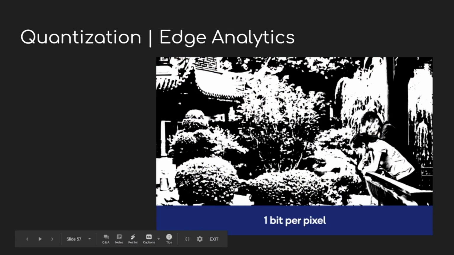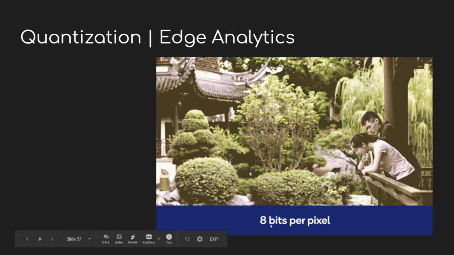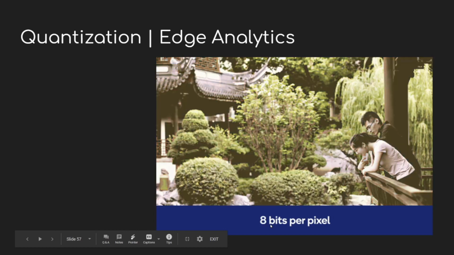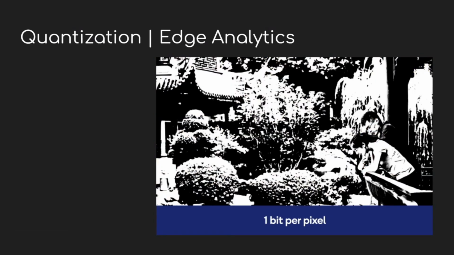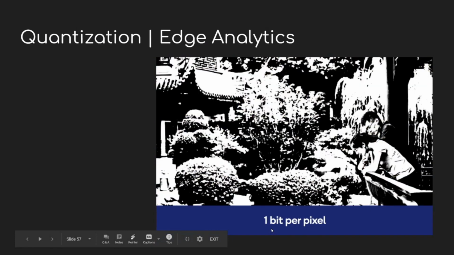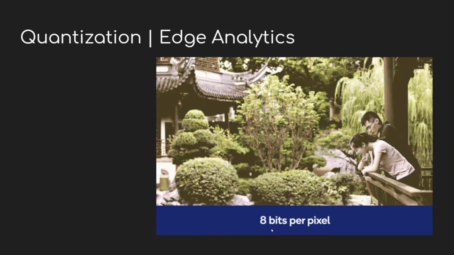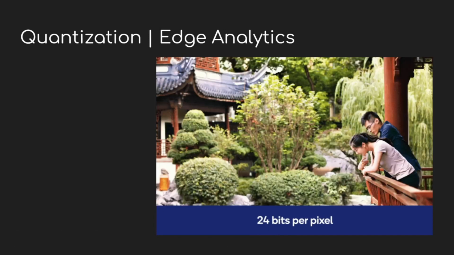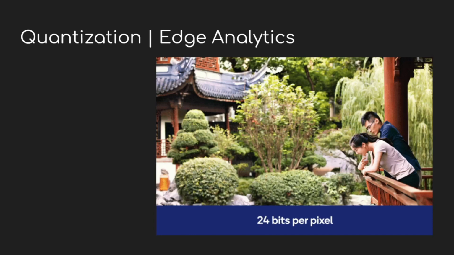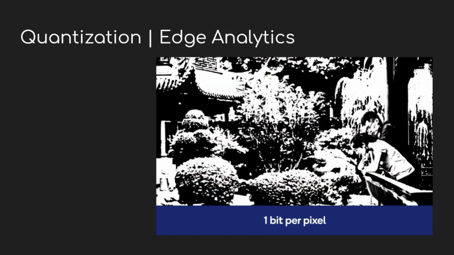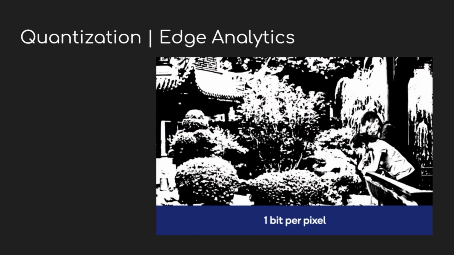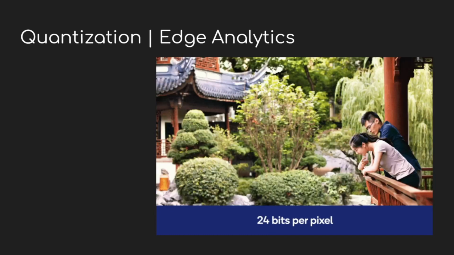Suppose this 24-bit pixel original image is equivalent to your phone's image. If you strip it down, you can make it 8 bits. So going from 24 to 8 bits will save a lot of data. Even if you strip it down to 1 bit, like making it grayscale and doing the analysis, you strip down from 24 to 1 bit, that is, you save 23 bits of pixel data.